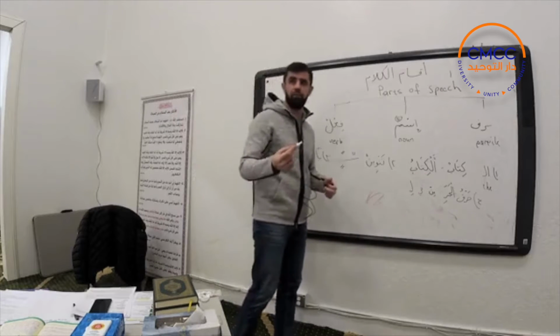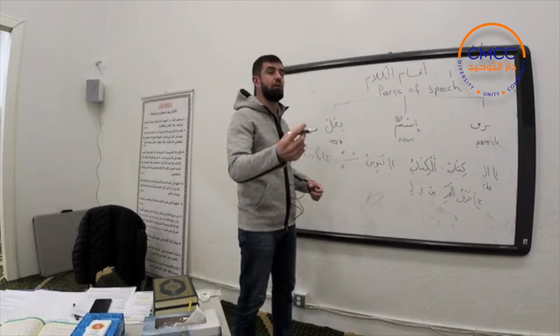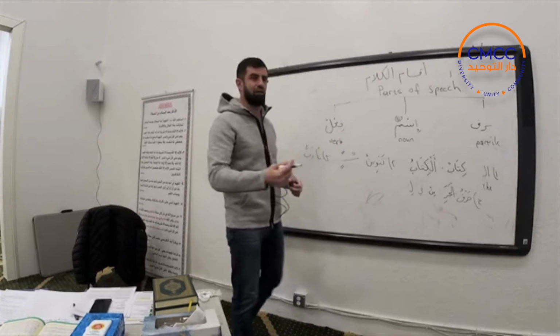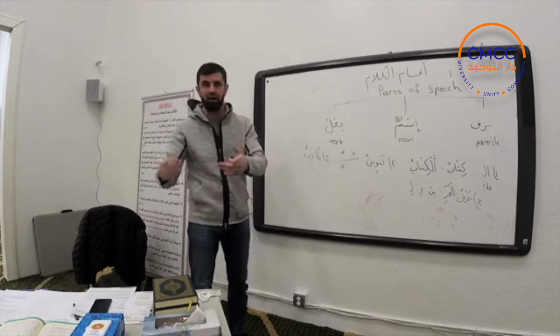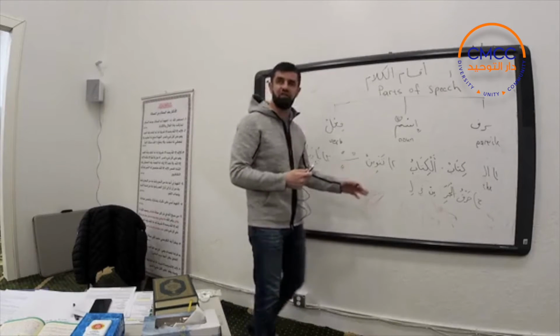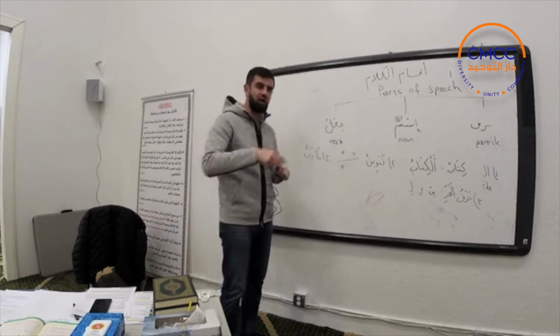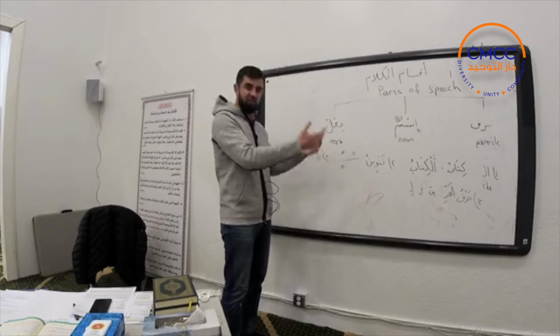Min Allah, for example, or Alhamdu lillahi. All praise belongs to Allah, right? So it's a preposition, and this is harful jar. After that comes lafdatullah, which is Allah, and this one is ism.